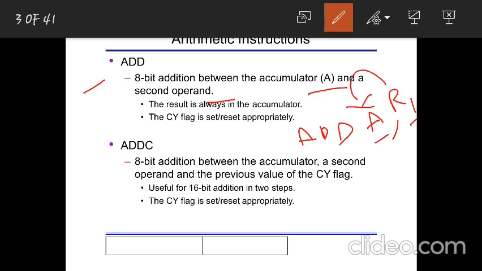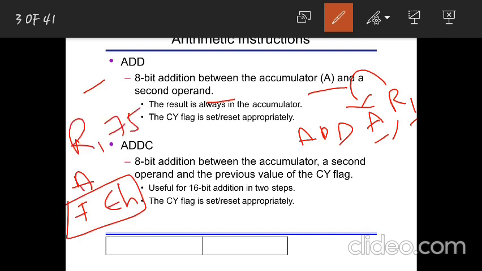For example, if A is equal to FE, this is the content present inside A. Then R1 is equal to 75 in hexa. These are the contents present inside them.